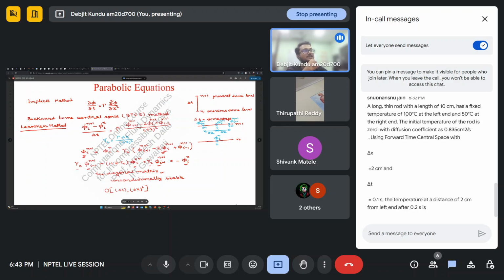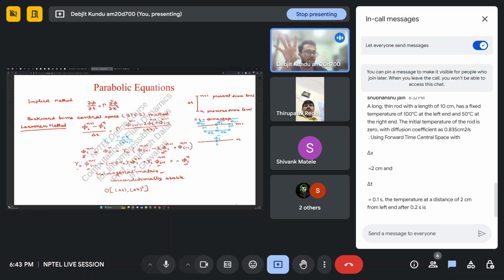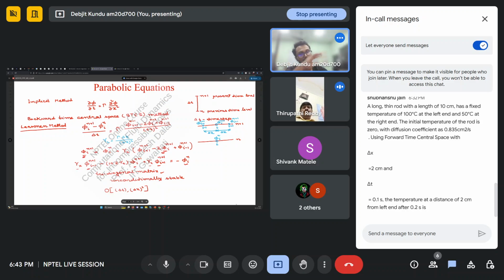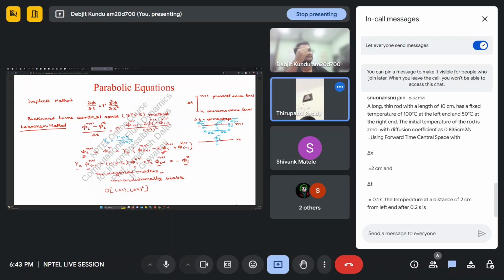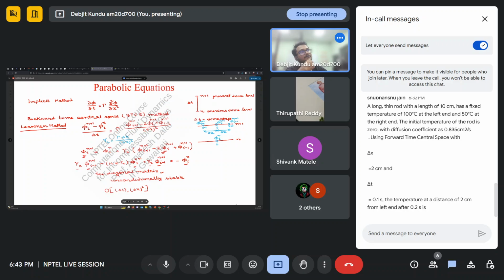So the spatial derivative, the dou2 phi dou x2, in the backward time method is taken for the current time step, the unknown values, the ones at n plus 1. And in the time marching process, which is the forward time central space method, over there you take all the known values of phi for calculating the central in space thing.